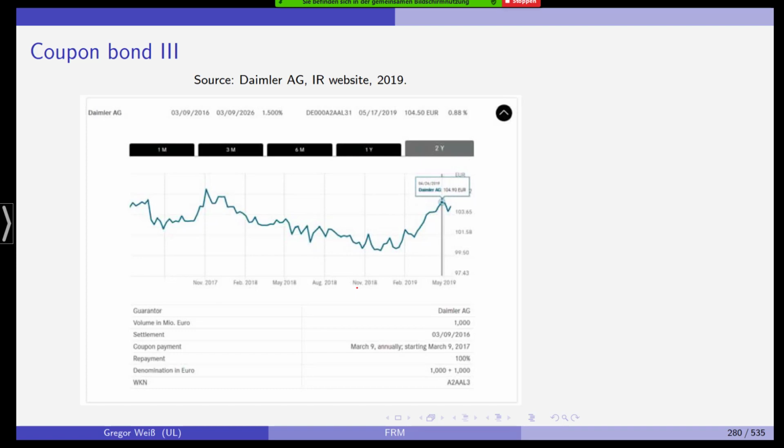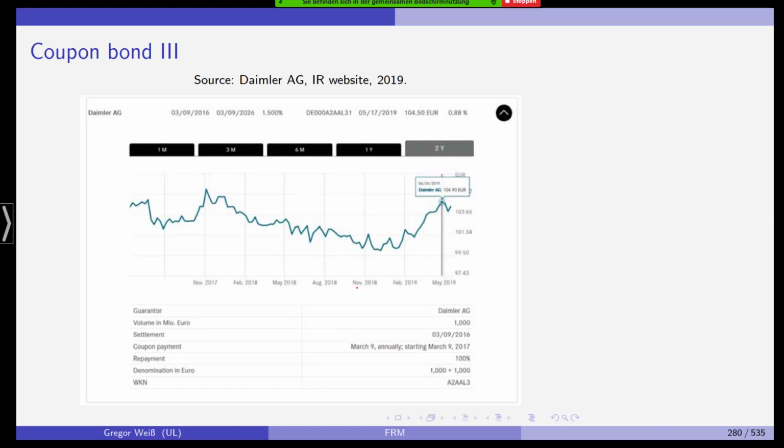Now, as a practical example, on this slide here, you can see a coupon bond from Daimler, taken from the investor relations website in 2019. As you can see, the guarantor here is the Daimler stock company. It is a 1 billion euros bond, settled in 2016, I think.